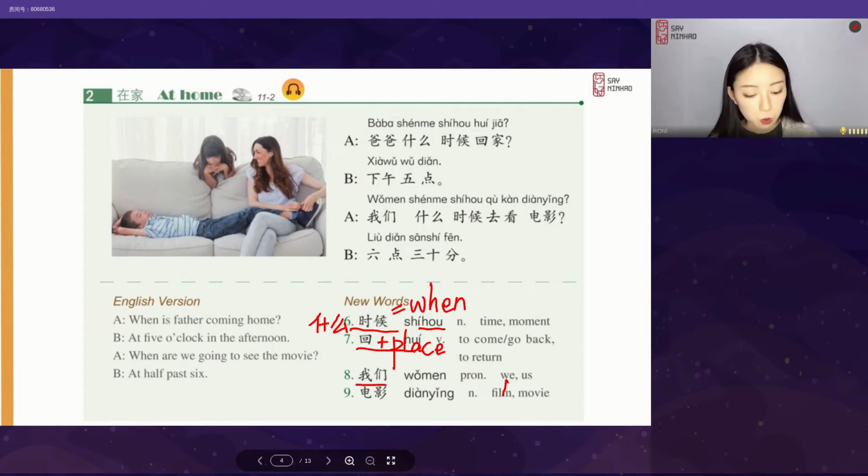Next one is 我们. Read after me, please. 我们. 们 is the neutral tone. Please pay attention to it. And we are really familiar with 我. Okay, 我. And 我们 means we.